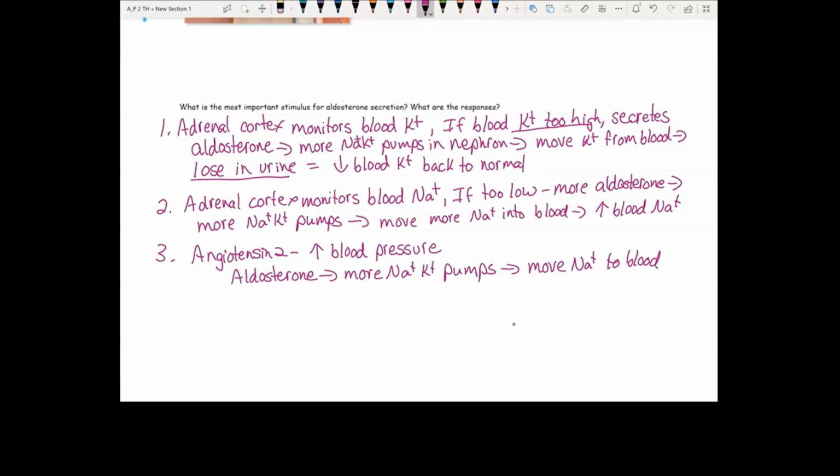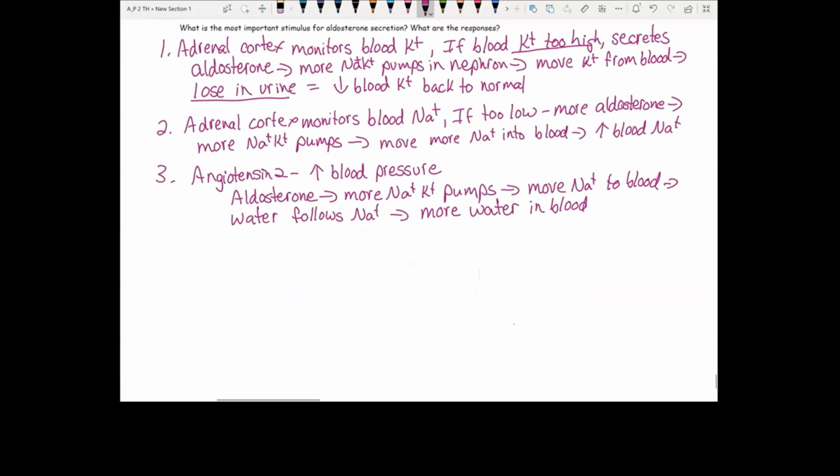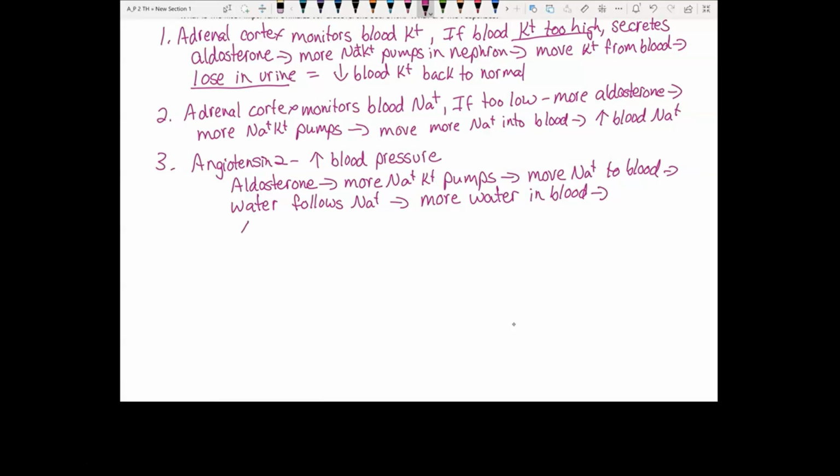And remember Mary and her lamb, the water follows the sodium. So now you have more water in your blood. And because there's more water, you now have increased blood volume. And if you look at your chart from chapter 20, you'll see that increased blood volume increases your blood pressure, which was the whole point of angiotensin II, to increase blood pressure.